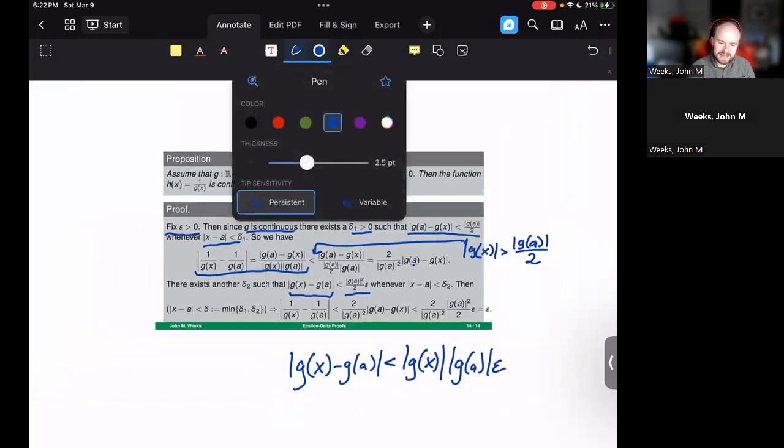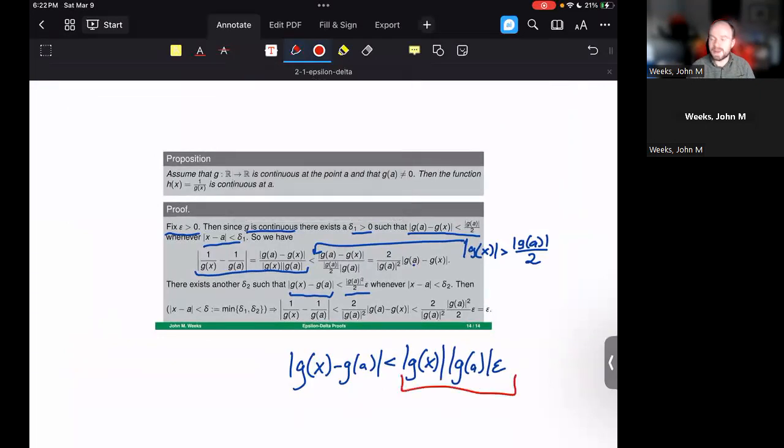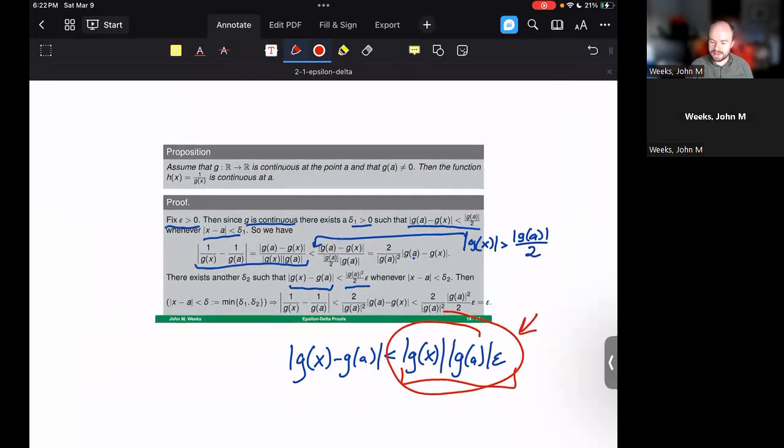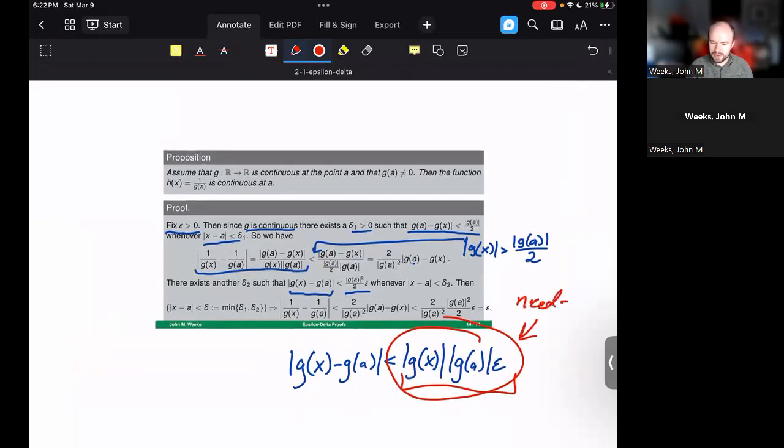Because the thing on the right-hand side is not a fixed constant with respect to the thing that's being allowed to run in this delta neighborhood. This absolute value of g of x can change over time. Whatever this needs to be, in terms of using the definition of continuity of g effectively, needs to be a constant with respect to whatever is running.